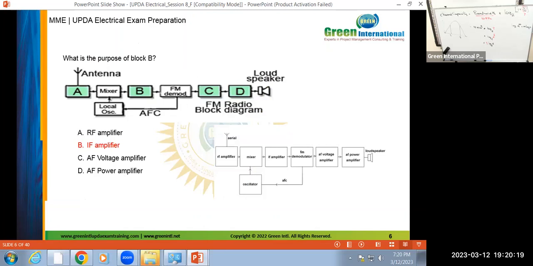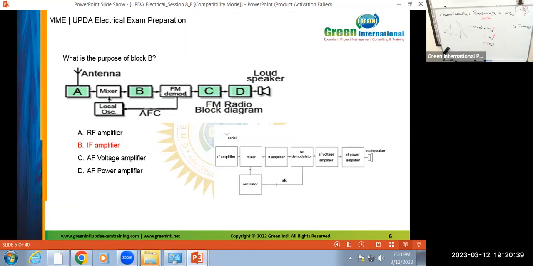Then the sixth slide. And here in the block diagram they mentioned A, B, C like this. So in the block diagram, the block B refers to... here we have explanations.